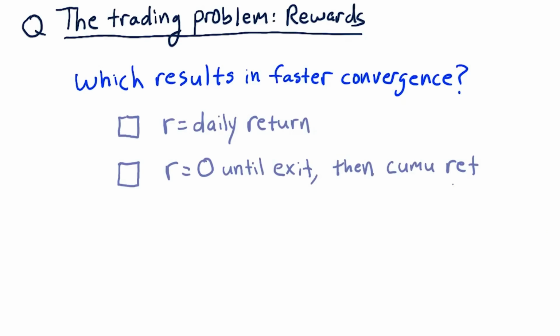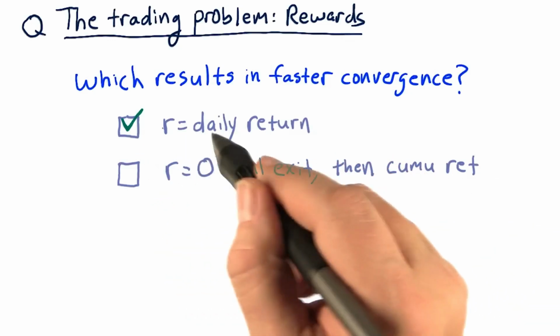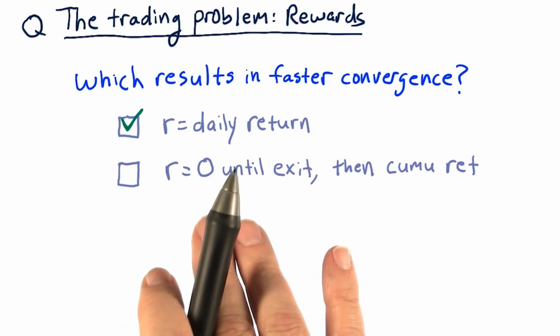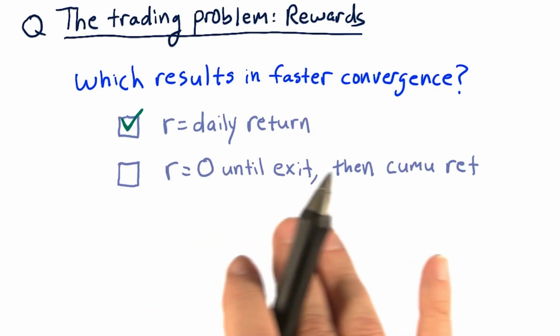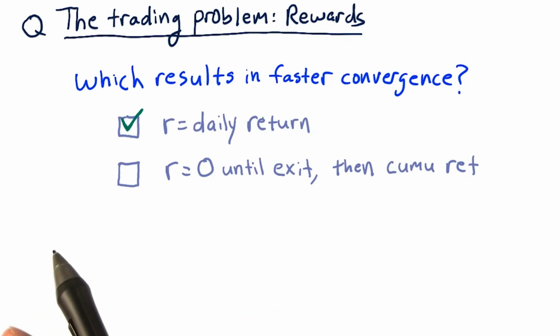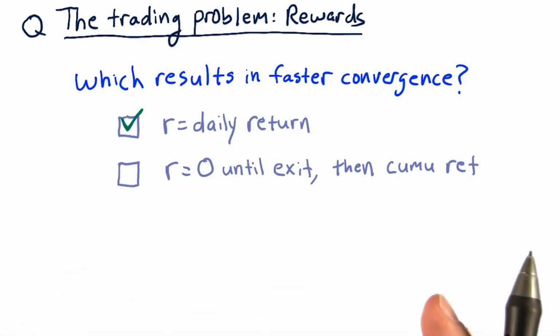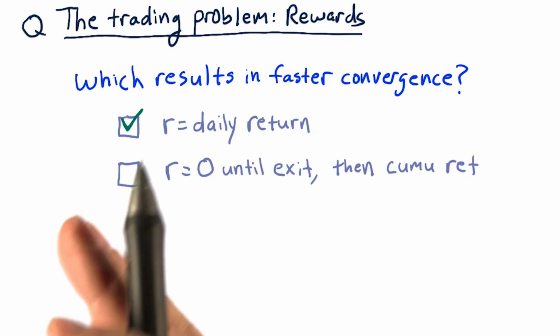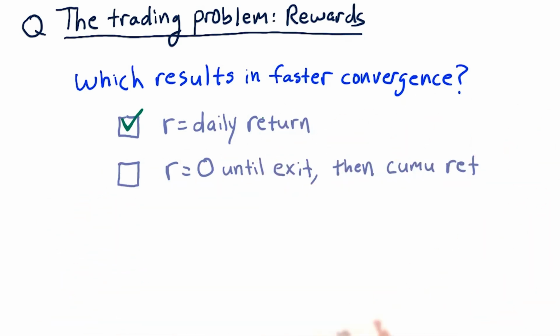Which one of these do you think will result in faster convergence? The correct answer is daily returns. The reason is, if you choose the other one, where we get no reward at all until the end of a trade cycle, from a buy to a sell, the learner has to infer from that final reward all the way back that each action in sequence must have been accomplished in the right order to get that reward.